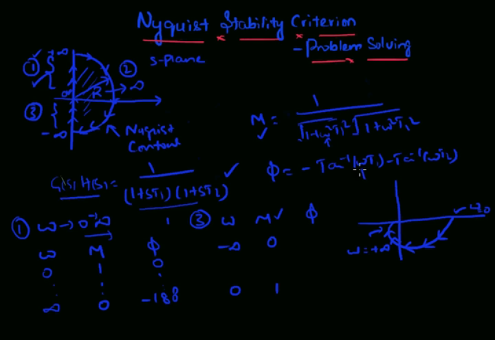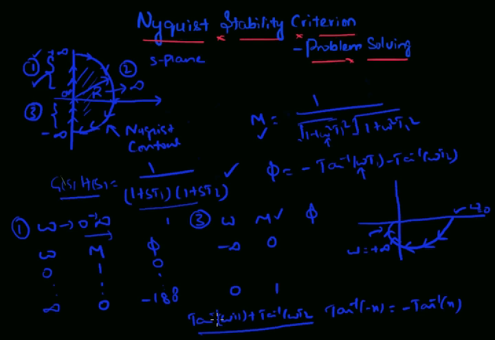If you substitute negative omega values, tan inverse of minus x is minus tan inverse of x. In that case, for this third section, phi will become tan inverse of omega T1 plus tan inverse of omega T2. This is how the function is going to be.